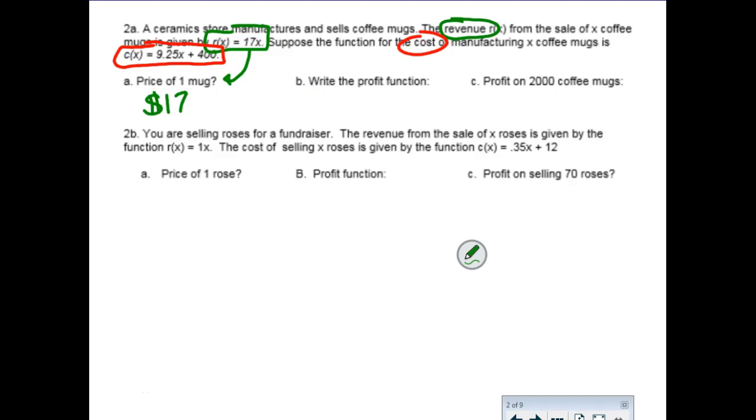And then remember the profit function is found by taking the revenue and then subtracting the cost. I might suggest that you put even the word or the abbreviation for cost in parentheses because I think maybe that'll help some of you. So when you set up revenue minus cost, you're going to set up 17x, that's the revenue function, minus, and that's where those parentheses come into play, (9.25x plus 400).